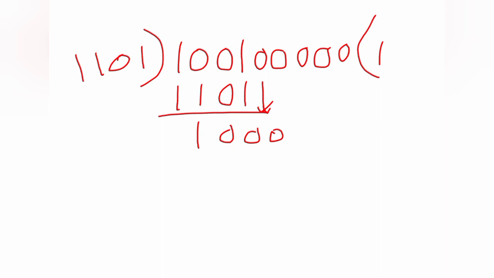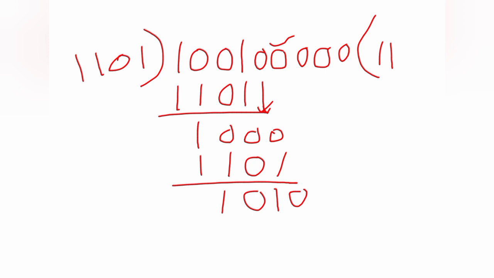Next we will perform again with 1 1 0 1, again performing the mod 2 division. So 1 0 1, and the next bit is 0. Again mod 2 division with 1 1 0 1. Here the difference gives 1 1 1, the next 0.